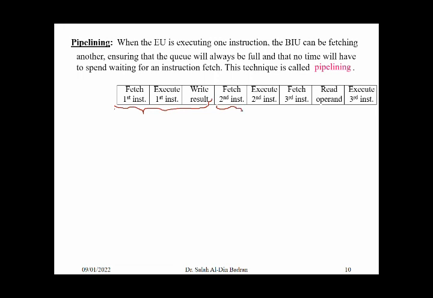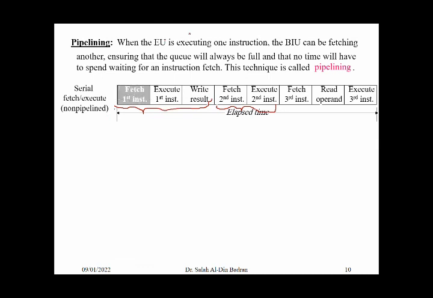After fetching the second instruction, we wait until we finish the second instruction, then we go to the third instruction. This is the elapsed time for this kind of operation. But this is not the same case for pipelining. This is the serial fetch-execute, the non-pipelined operation.